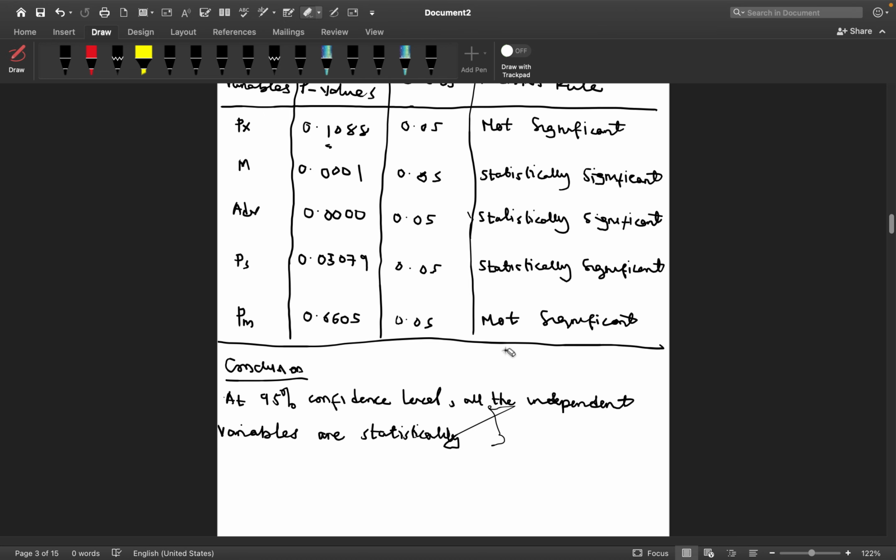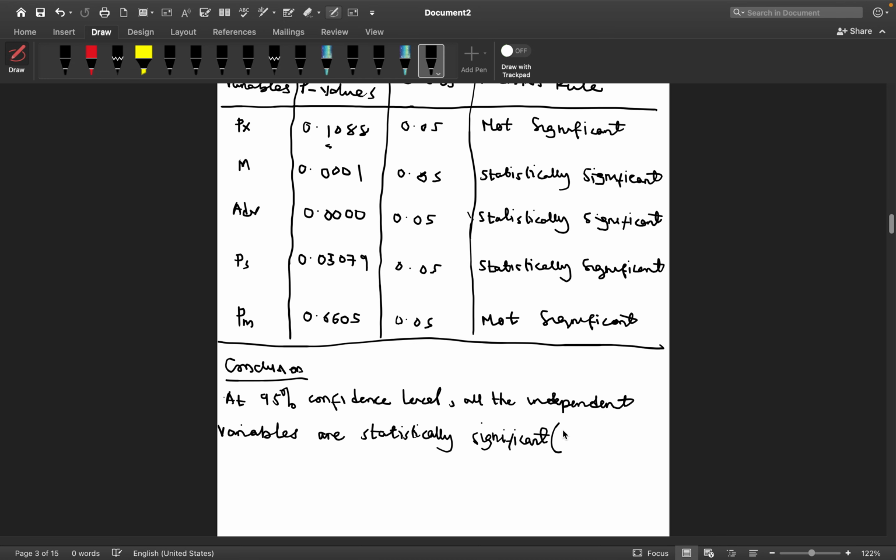Let me clean this. Today my part is really disturbing. Sorry about that. At 95% confidence level, all the independent variables are statistically significant.